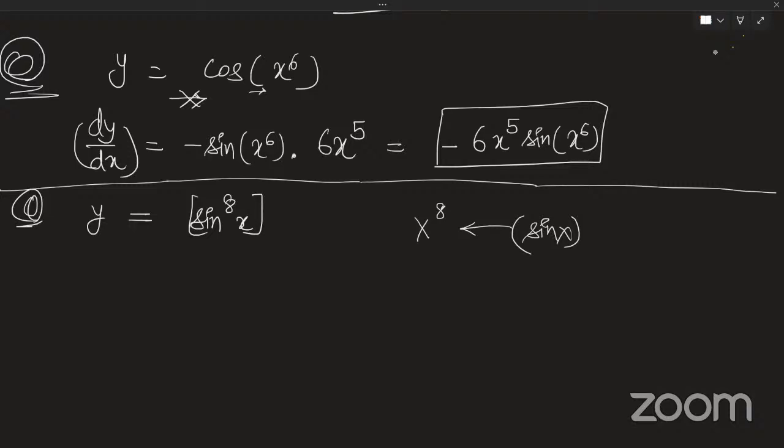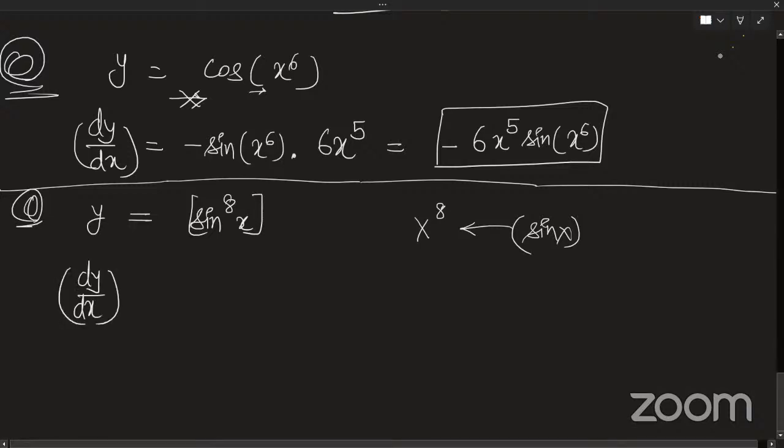If sin of anything to the power x, we can write it as cos x. Tell me how you will do it. No, sir. Here actually the problem is twisted.